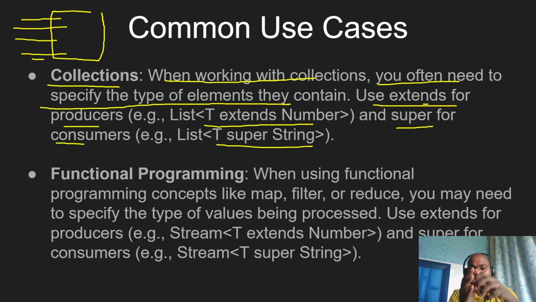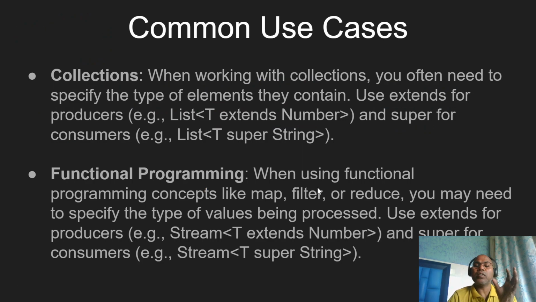What are the methods? The method that returns a value, that may be extends; the method that receives a value, that consumes, that's super. So the collection framework is a great example of Java generics.